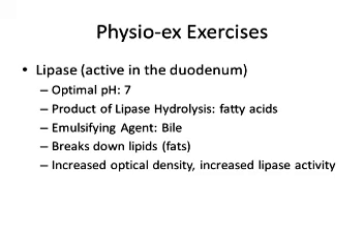What lipase does is that it breaks down lipids or fats into fatty acids through hydrolysis. And there's a thing called bile, which is an emulsifying agent, and an emulsifying agent is pretty much a chemical that helps facilitate the digestion of the lipid, so it helps the lipase out.